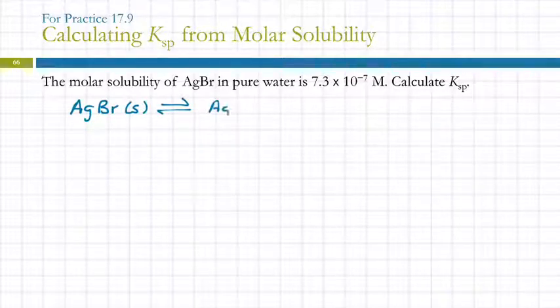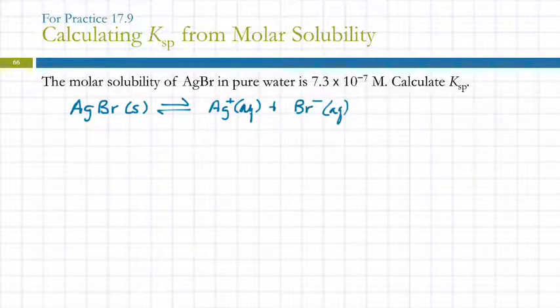So we're going to have silver ions and bromide ions. So molar solubility, what's that telling us? It tells us what S equals.